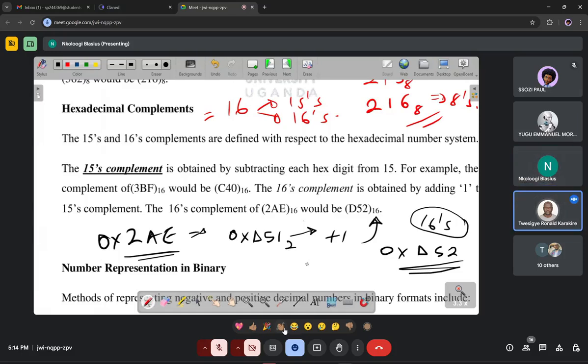In binary, 1 plus 1 would be 10, because you can't say 2. And also now in hexadecimal, we cannot say 16. So I'm wondering what F plus 1 becomes in hexadecimal.